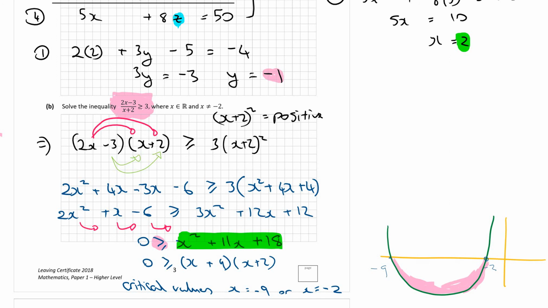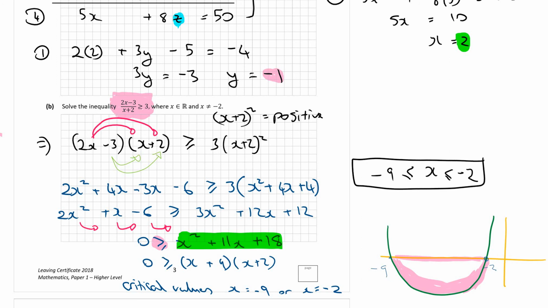So all the values of x which give us a negative value of y are all the values in between, so here, in between minus 2 and minus 9. That's the solution set to our inequality.